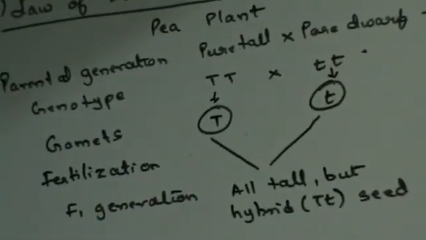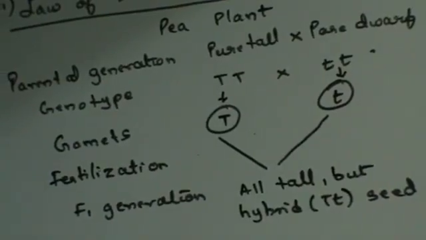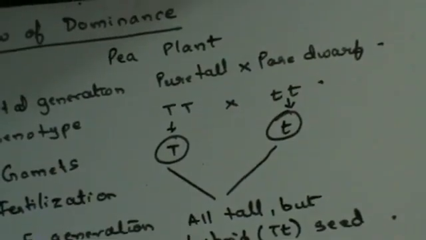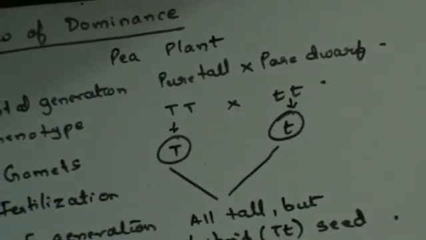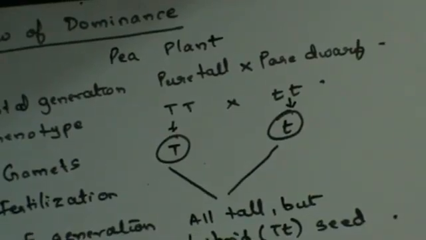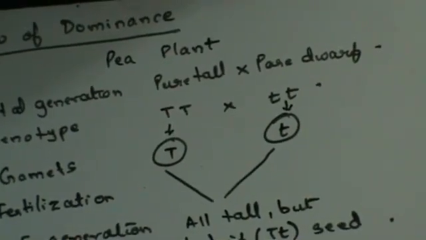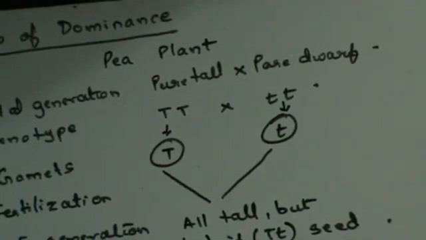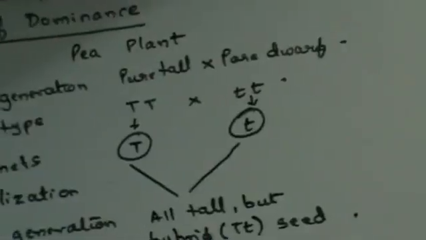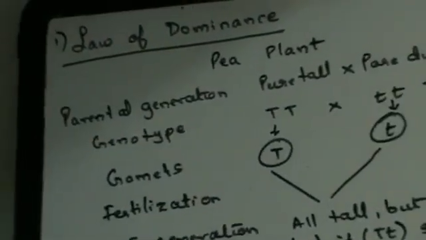Right? He took a pure tall genotype and he crossed it with a pure dwarf genotype. Fine. Now, which character is dominant and which character is recessive is not known to us. Is the tall character dominant, or is the dwarf character dominant? We do not know this, right? So which character was dominant and which was recessive was not known.